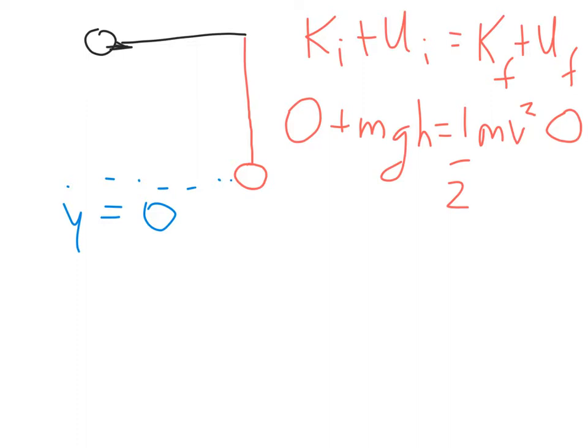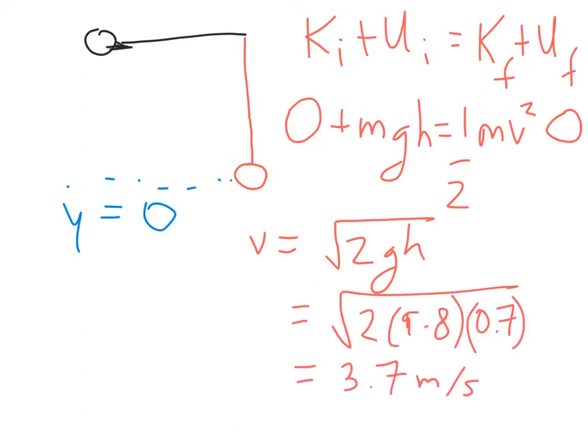Solving, we get that the final velocity of the ball is the square root of 2gh. The h here is equal to the length of the pendulum, and so we find that the speed of the ball just before it hits the block is 3.7 meters per second.